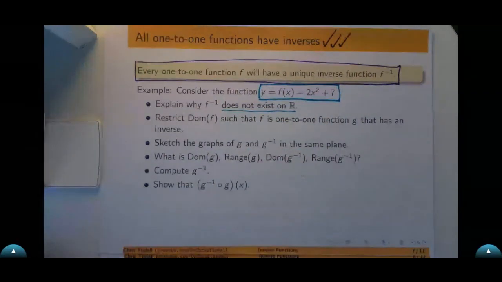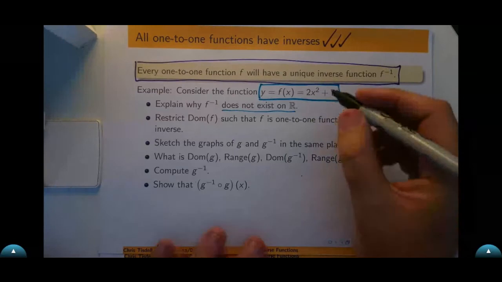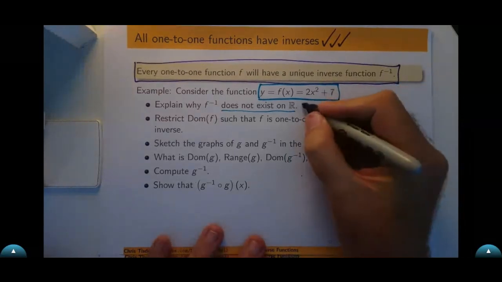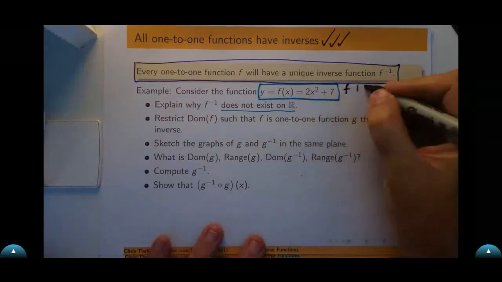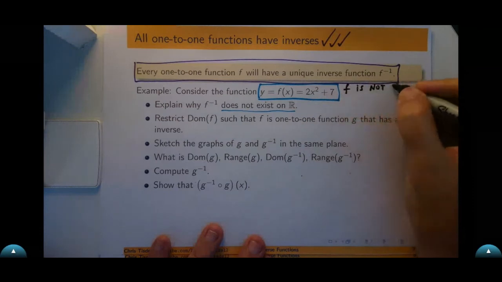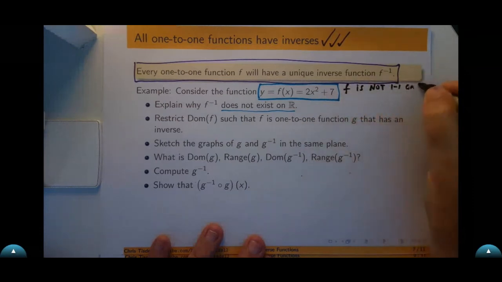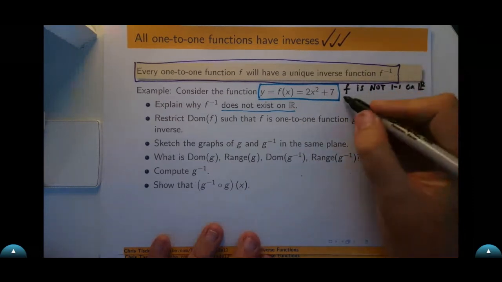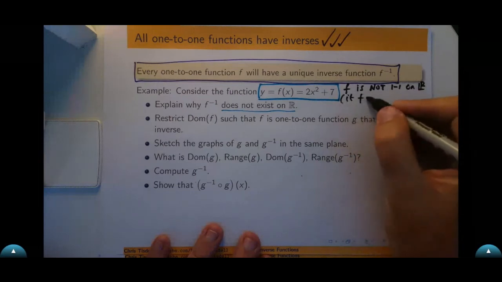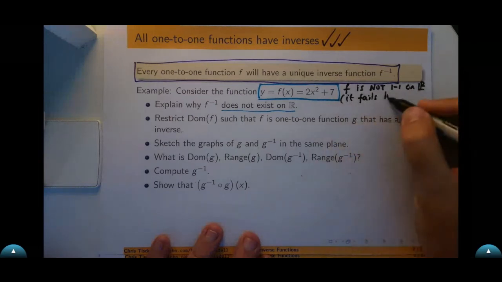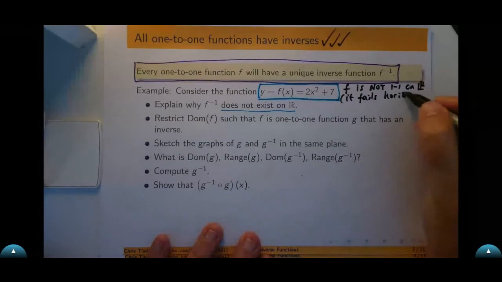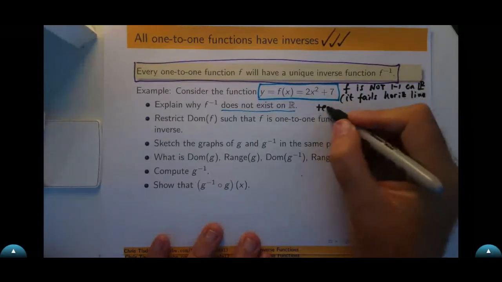Okay? So if I was doing this first part, I would say something like f is not one-to-one on R. It fails the horizontal line test.